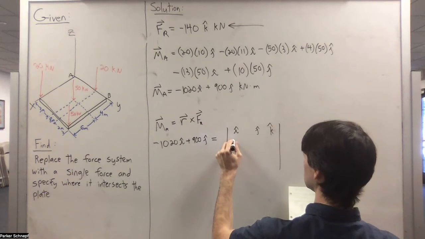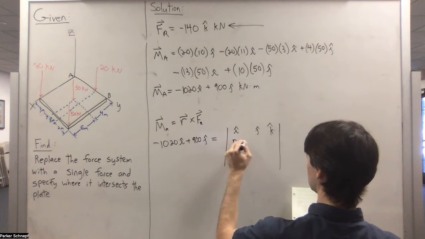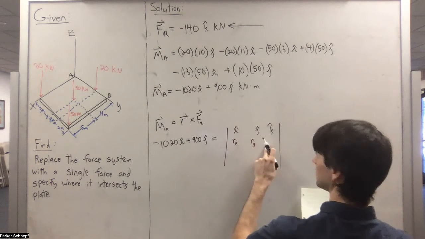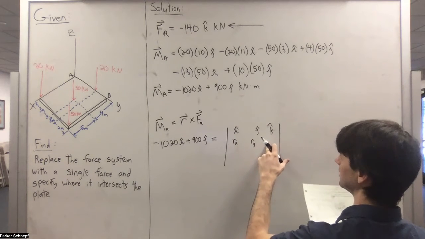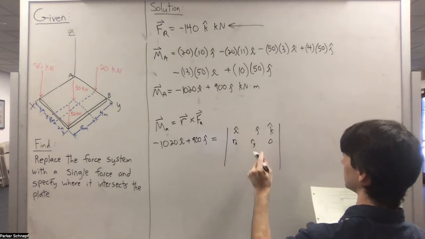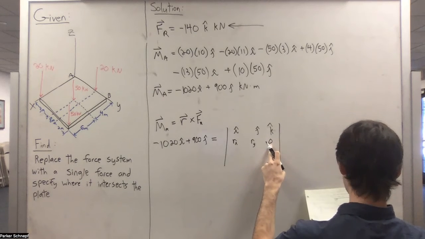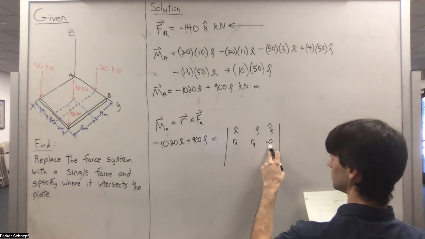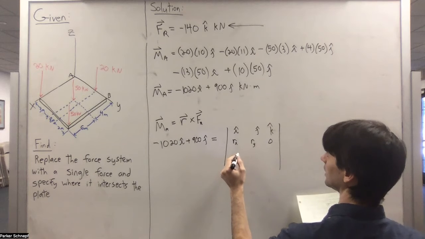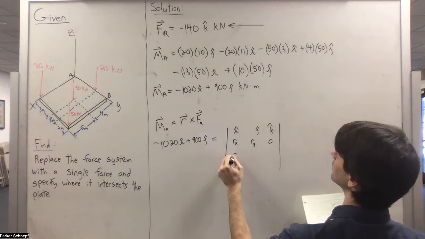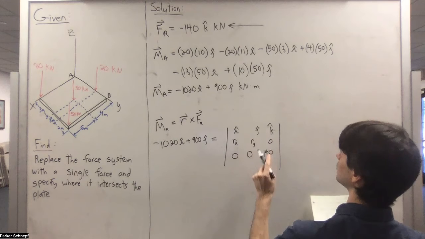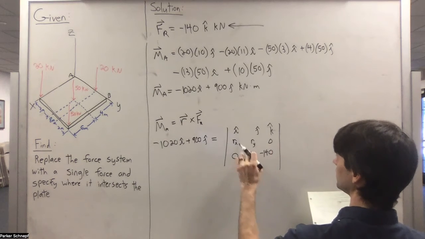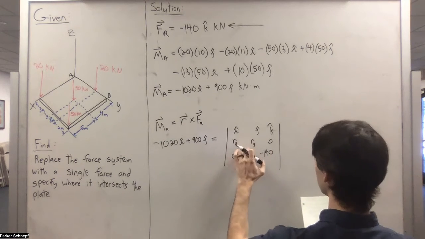We don't know the, let's say, Rx and Ry, and we can tell right away that there will be no z component of this position. And then we have the force, minus 140. We need to solve for these, so we should be able to do that.